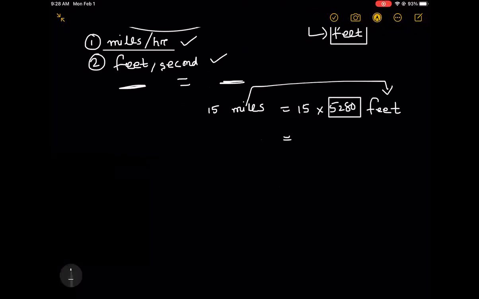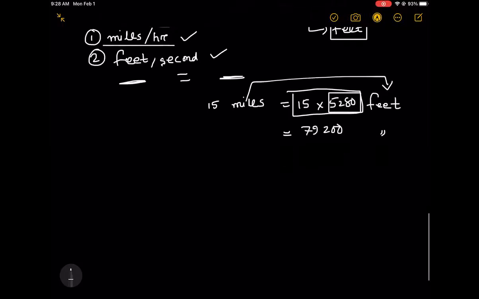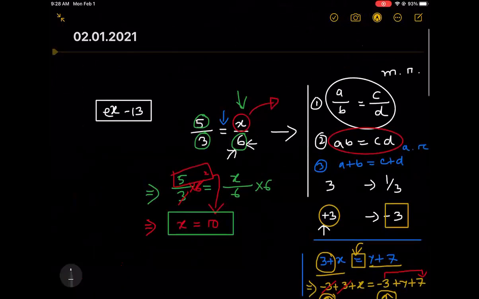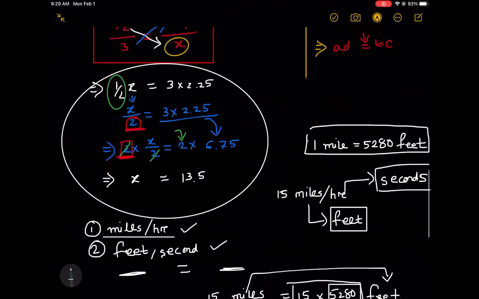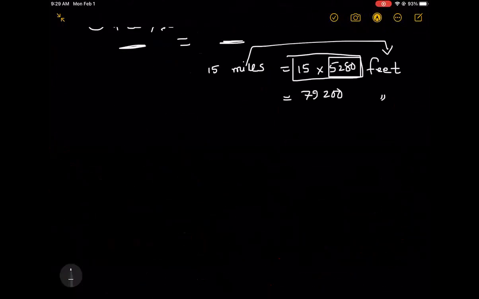So can anyone do that for me? Okay, let me do it. 15 times 5280 gives us 79200. Or you can keep it like this. That will be the feet, and an hour. If we convert an hour to seconds, how much would that be? Anyone?